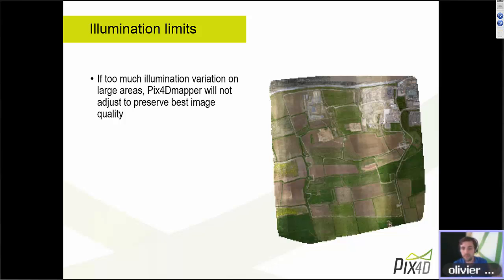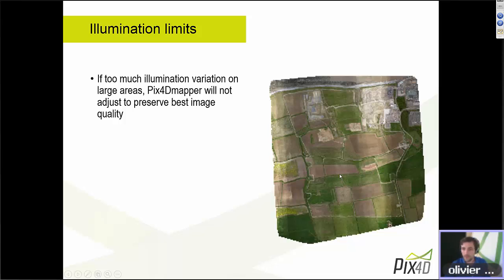However, there are some limits also to this automatic color balancing and brightness adjustment. When you have really huge brightness changes over a very large area, Pix4D Mapper will not adjust them, for a very good reason. We have this data set which is 3,000 images, and you can see there was a big cloud here, and just during these stripes of images, the cloud disappeared and there was a big amount of sun which made everything look brighter, and then again darker.